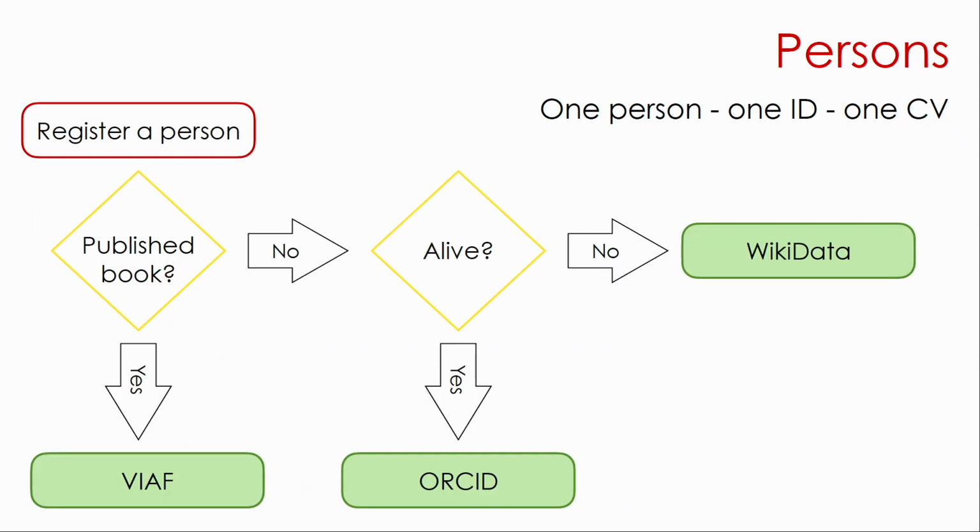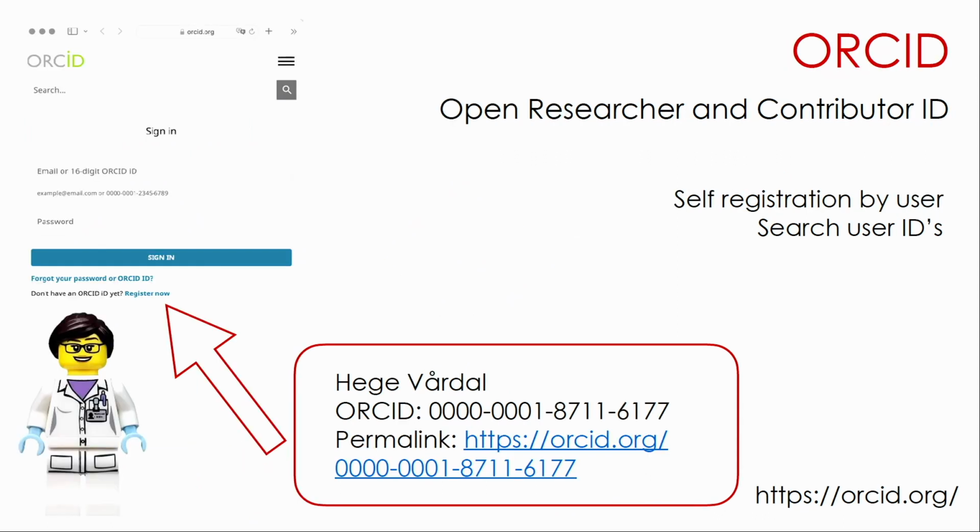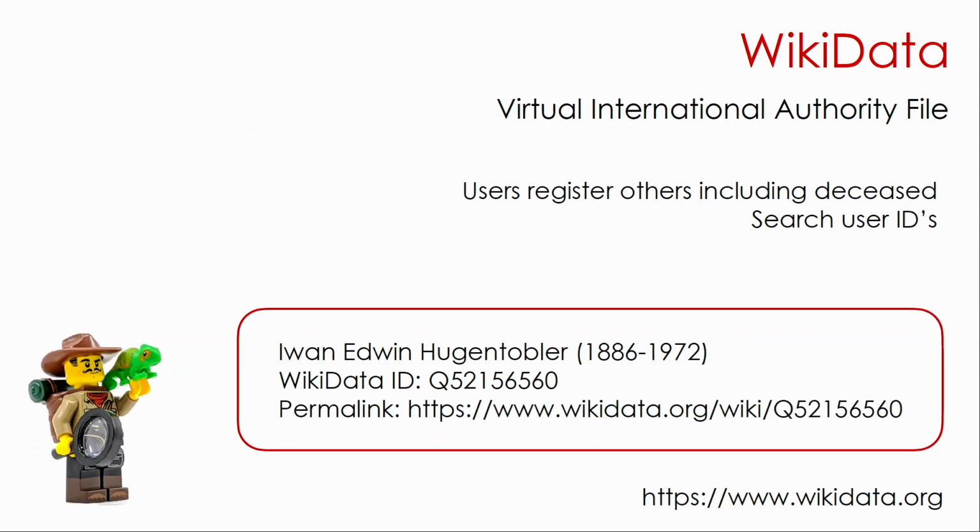And last but not least, often we are talking about persons that, at least I have a lot of objects in the collections I'm responsible for, of people that are deceased and probably don't have such a number. Then Wikidata is there, and that's the standard where we can put the data for deceased persons.